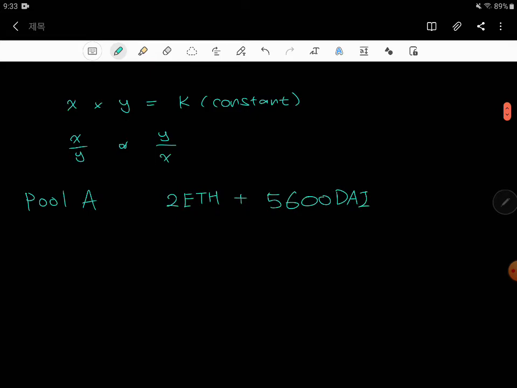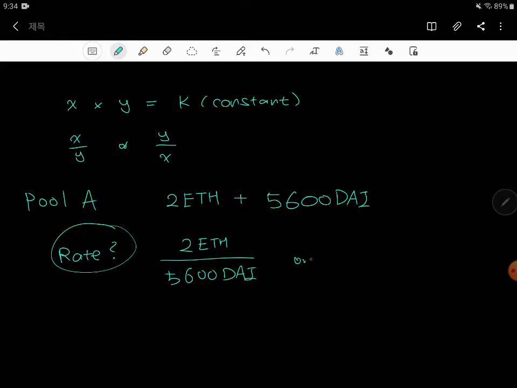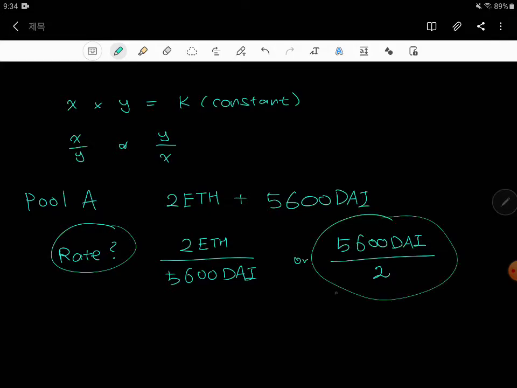Okay, so what's the rate? So rate is 2 ether divided by 5,600 DAI, or 5,600 DAI divided by 2. And if you compute this, this is basically 2,800 DAI over ether.